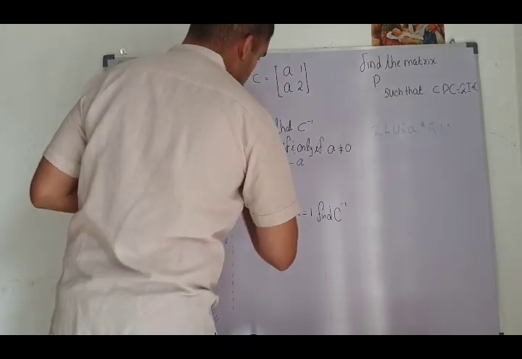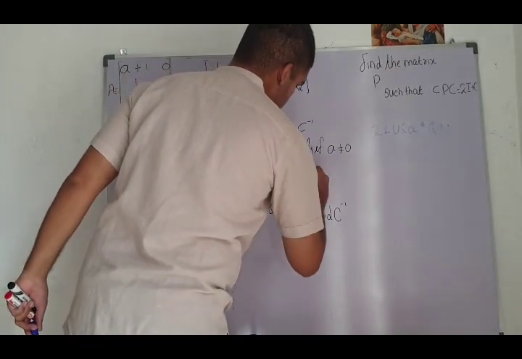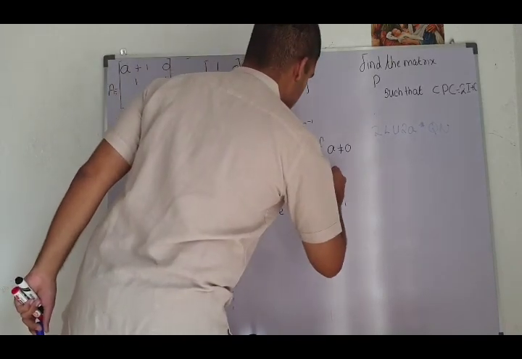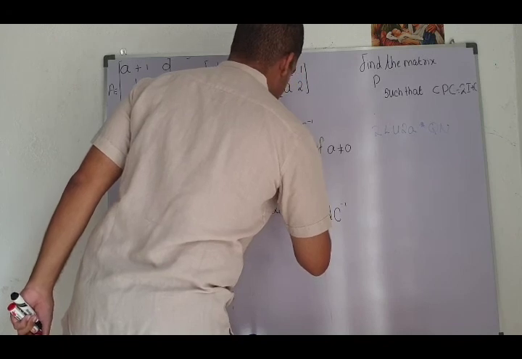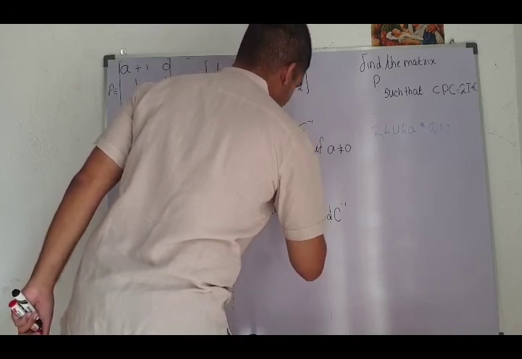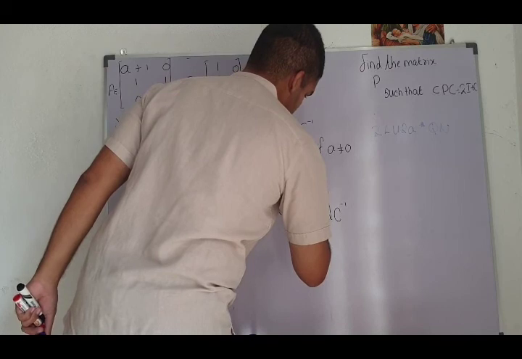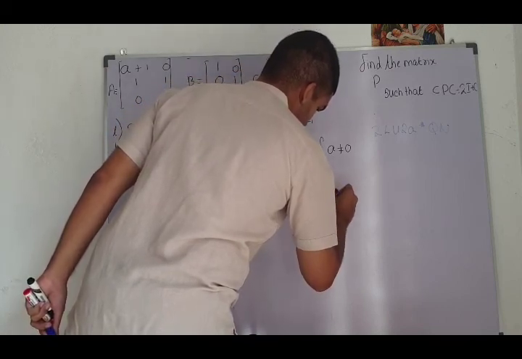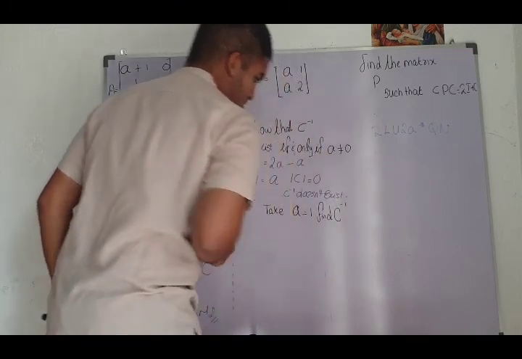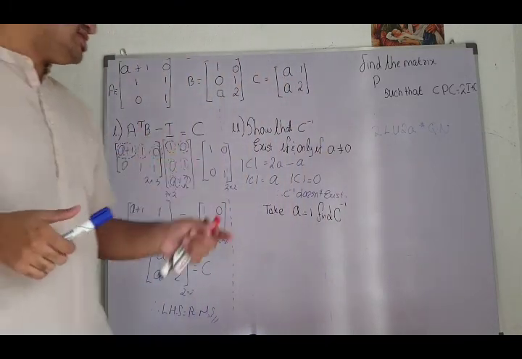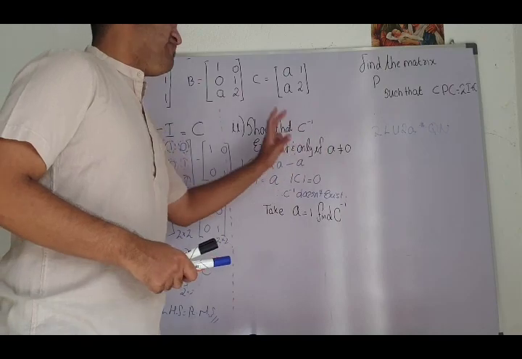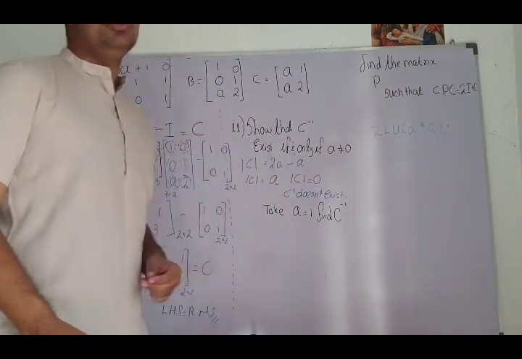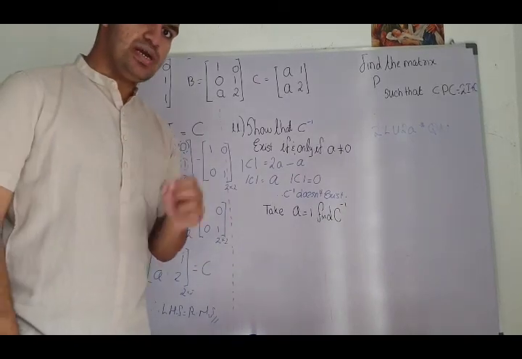If A equals 0, this modulus is 0, so C inverse does not exist. Then you write the final statement that C inverse exists if and only if A is not equal to 0. With that statement you end this question.